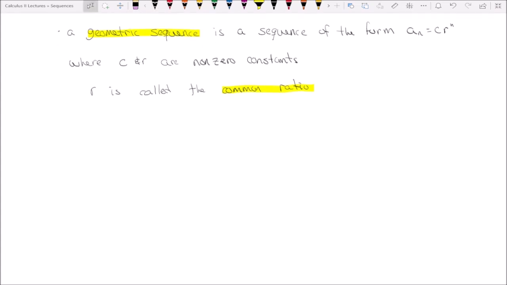Right, let's look at convergence of the geometric sequence. If r is greater than 0, then look at the limit. We can factor out the c. Right? Now, if r is less than 1, then the limit is 0.